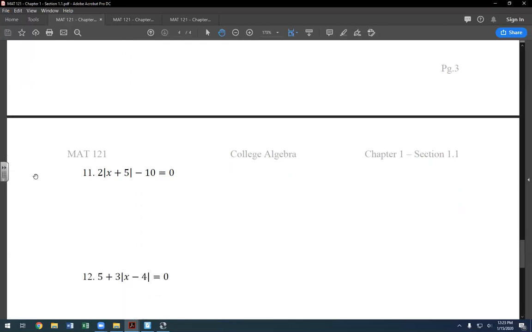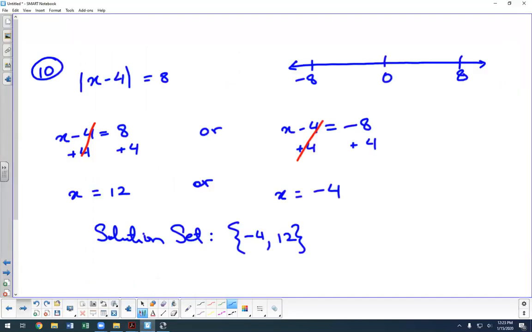So the first thing we're actually going to do is take the 10 over to the other side and then get rid of this 2. Once I isolate my absolute value, then I can solve this equation. Okay, so let's see how we can do that.